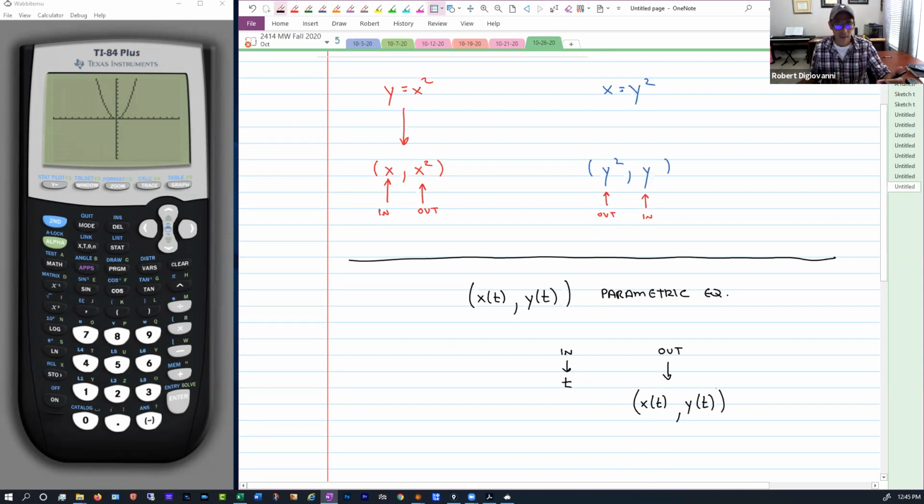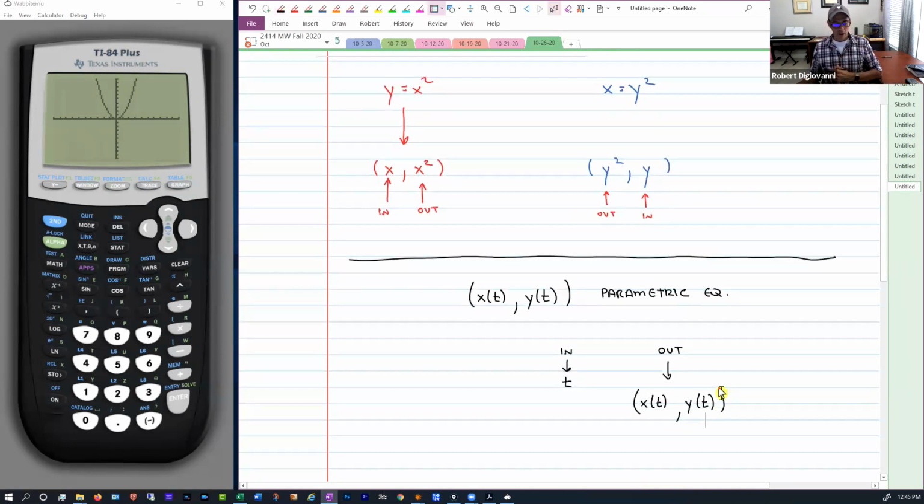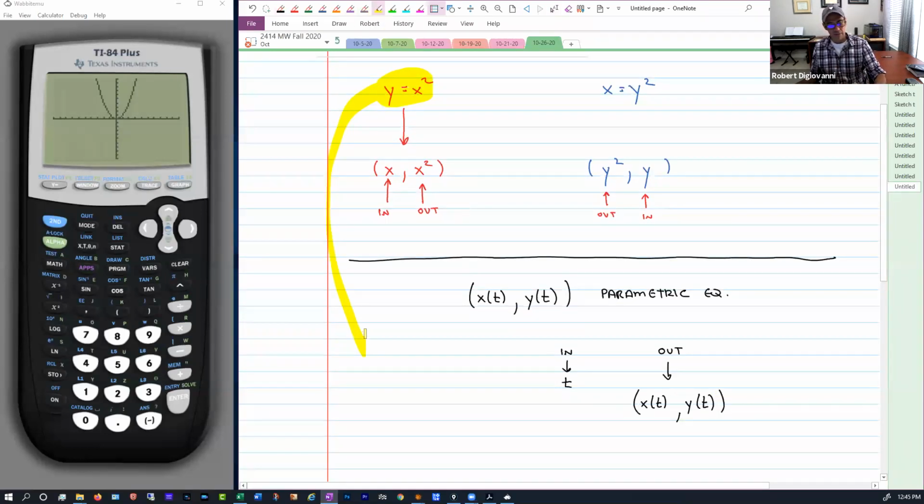Let me give you an example, all right? Let's say I wanted to use my calculator to do this. Then here's what I would do. I would say, hey, I want the x coordinate to just be t and the output to be t squared.